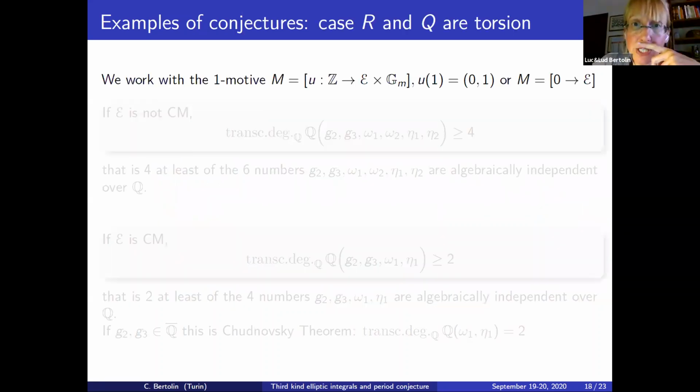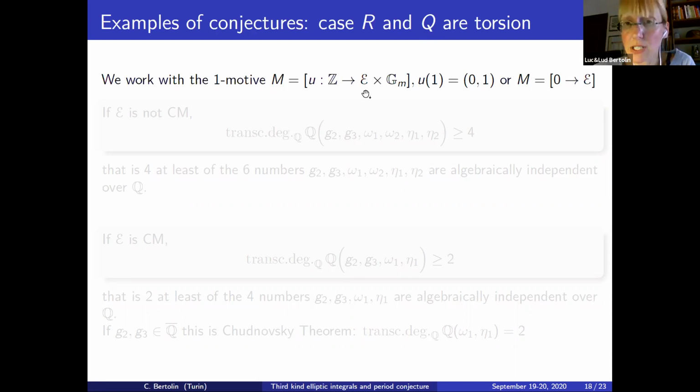Example of the conjecture in the case R and Q are torsion. In this case, I recall that Q was the point parameterizing the extension G. If Q is torsion, I work modulo isogeny, so I can suppose Q is equal to 0. And my extension is parameterized by 0.